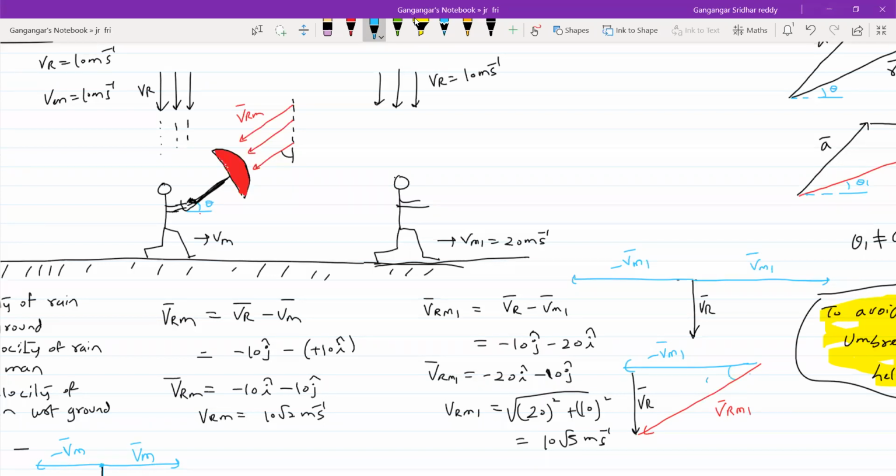This angle, let me call theta 1. How to calculate theta 1? Tan theta 1 will be VR by VM1, so 10 by 20, 1 by 2, that is 0.5.